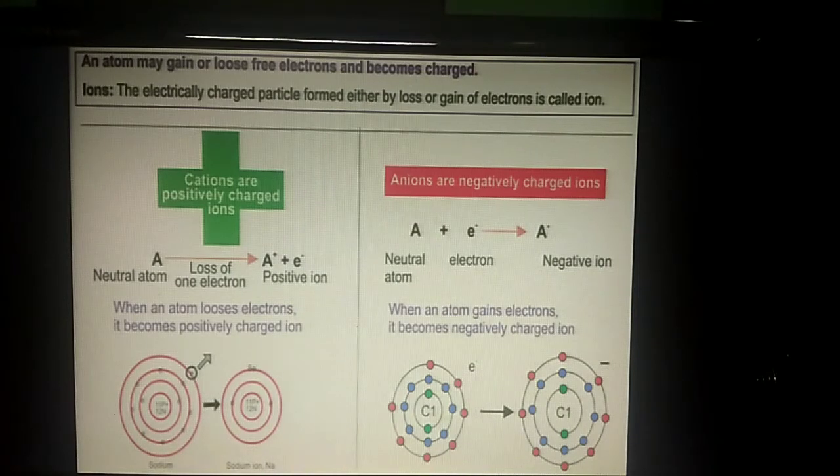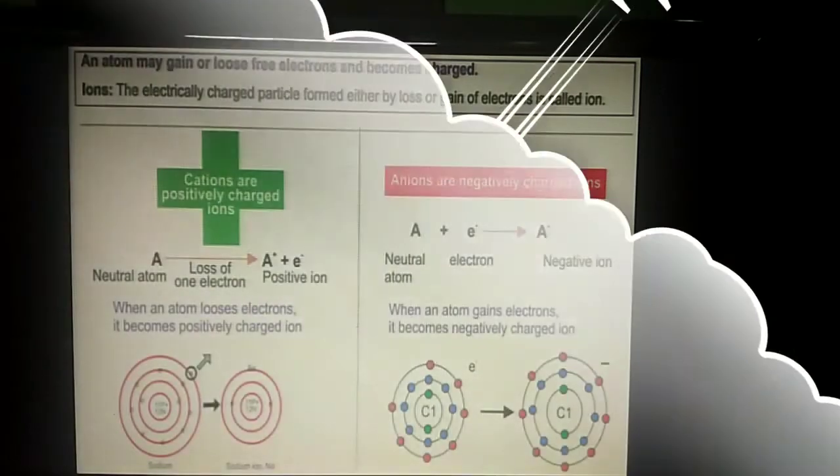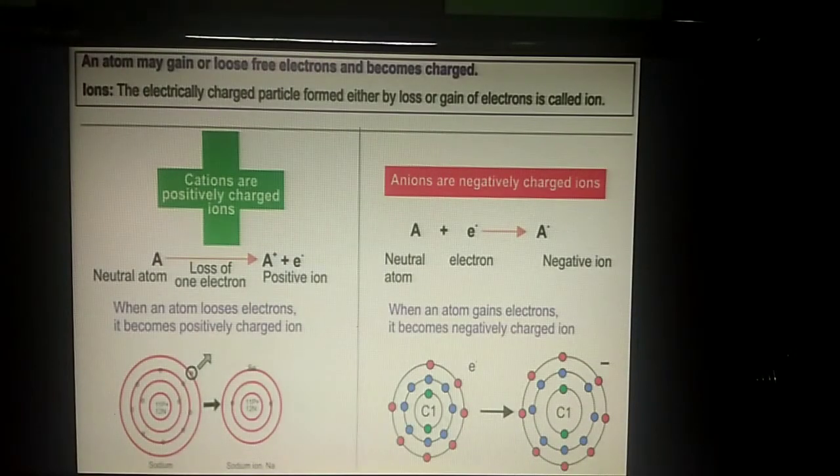In the same way, an atom which gains an electron has an excess of one electron and becomes an anion. When an atom gains electrons, it becomes a negatively charged ion called an anion.